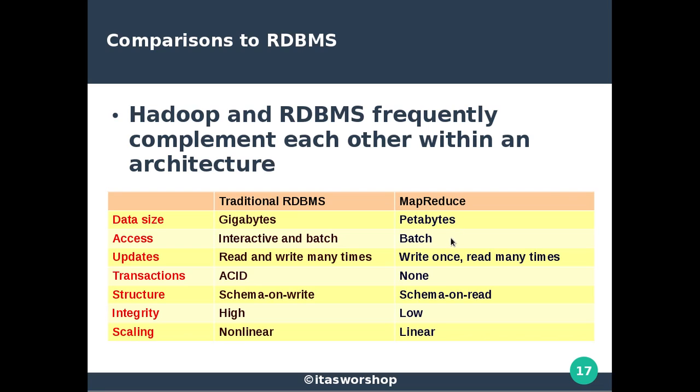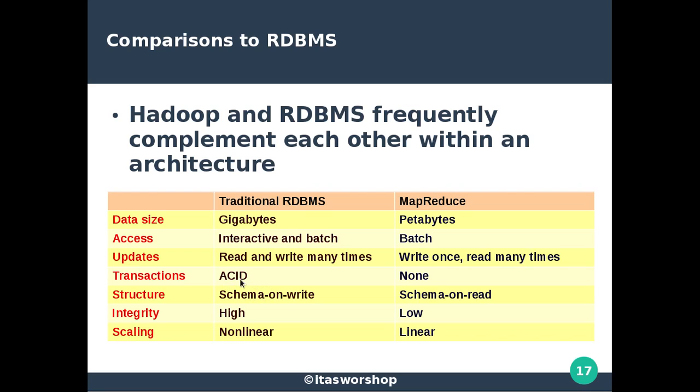You write once and you read many times. In a traditional system, you read and write many times whenever you want, but in Hadoop, you write once. Like you have got 2 years of data, you just put the 2 years of data and perform several analyses on it.